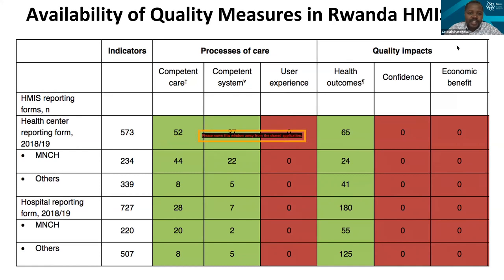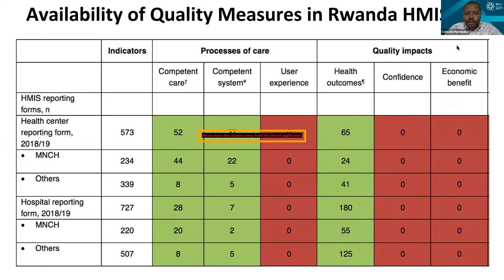Looking specifically at each subdomain, as shown by the green color, that's where at least one indicator was available for the subdomain, and red otherwise. You can see that indicators within care and system competence are captured across the hospital and the health center reporting forms. However, most of these indicators are related to maternal and child health.